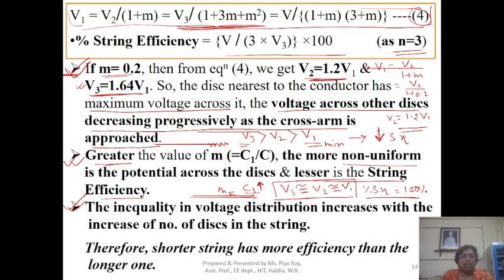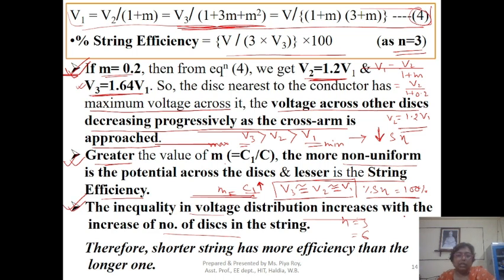Next point is that the inequality in the voltage distribution increases with the increase of number of discs in the string. Obviously, if we have a 3 disc system, and then n becomes equal to 6, then the variation of voltage distribution is more and more, or the non-uniformity in the voltage distribution is also more and more.